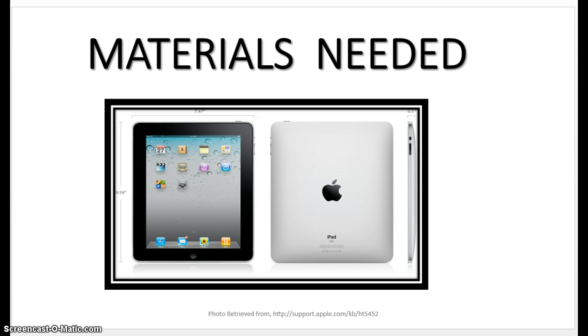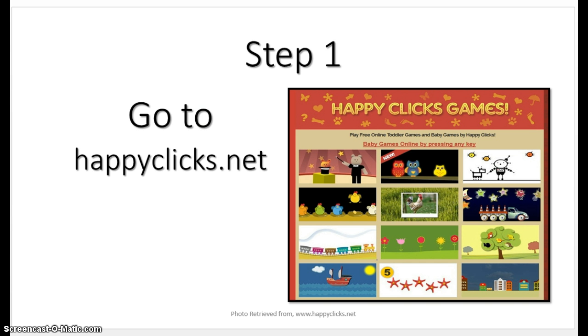The materials that are needed just include an iPad. So if you have an iPad, you're ready to go. In the first step, the first thing that we're going to do is to log into happyclicks.net. Once you log into HappyClicks, you should see a screen that looks like the one that is pictured right here.